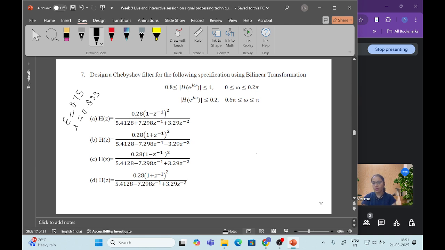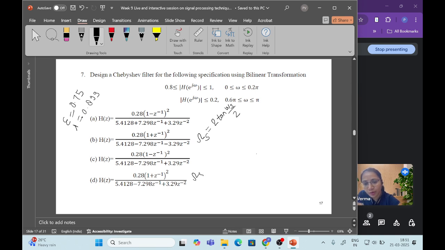So now it is a bilinear transformation. Now we have to determine the digital frequencies. That is like this: omega s equals 2 tan of omega s divided by 2, right?